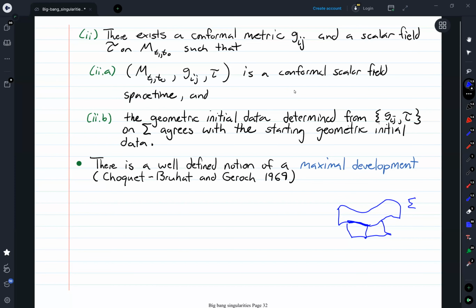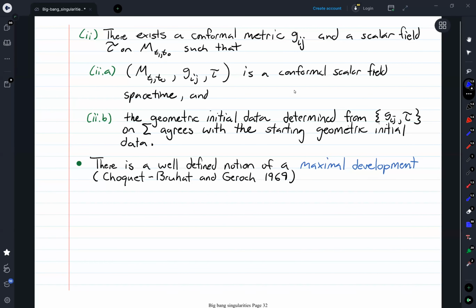Okay, so there is a notion in which you can do this until you can't anymore, because something goes wrong. And that biggest one you can do this is called the maximal development. Okay, so there's a notion which you use this local existence theory to build up this maximal solution that can possibly exist given your initial data.